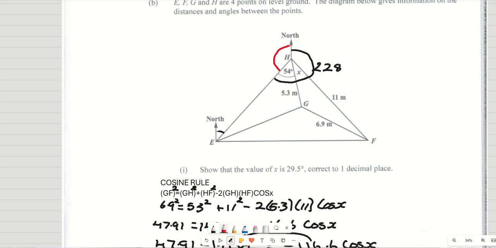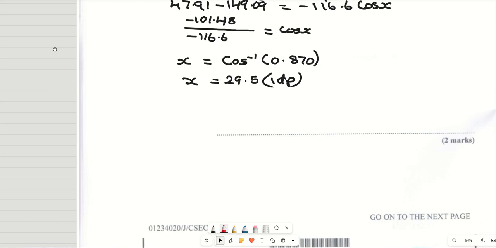Hence, when you add them up, it's supposed to equal 180. Now, if we look at this, from north to this line here is 228, and if we include the red part, that's a complete turn. So let's call the red angle NHE. So 228 plus NHE will give you 360.